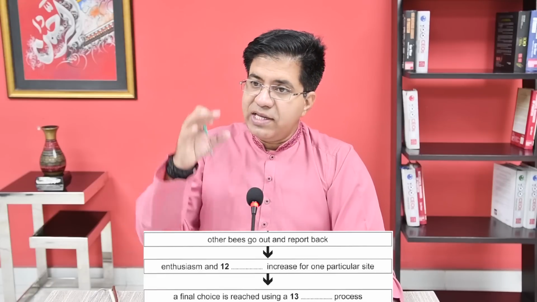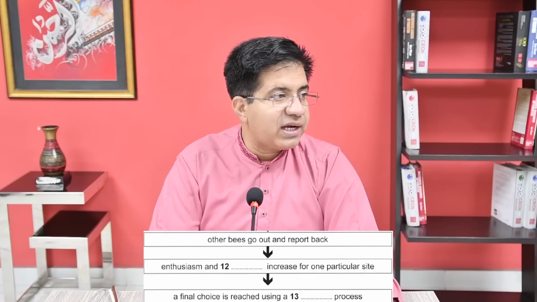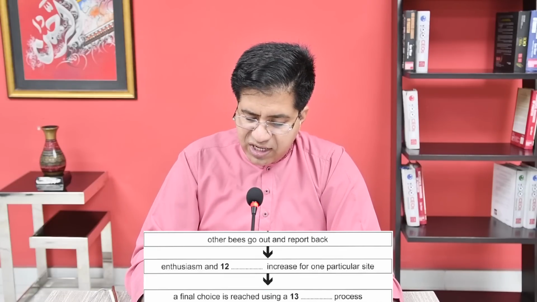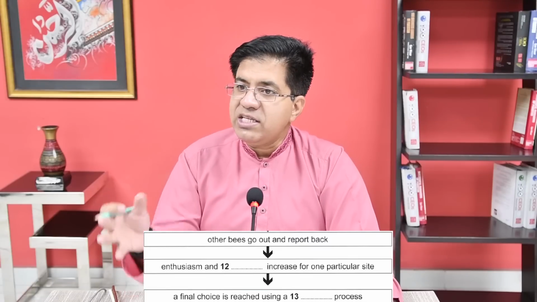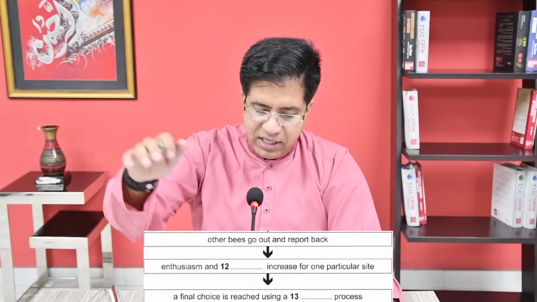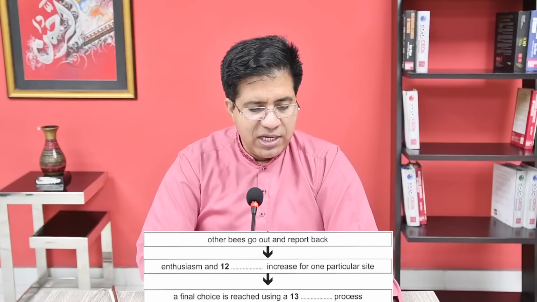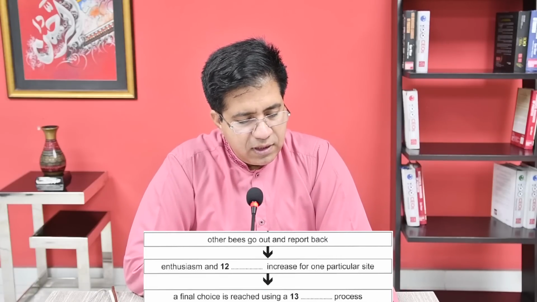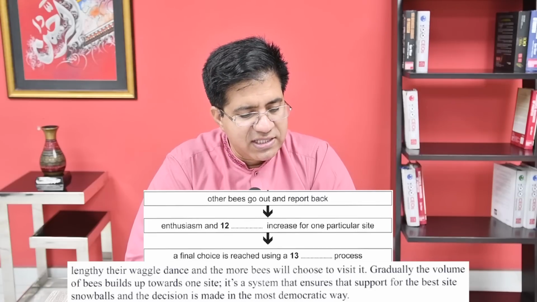It's good that this test is a little more complicated. I mean, you can understand more and you must practice it, okay? Question number 13. A final choice is reached using a dash process. Honeybees reach a final choice that will make a beehive there, where to build the hive, right? So a final choice is reached using a dash. Same paragraph, same lines. It's a system. For system they use the word process.